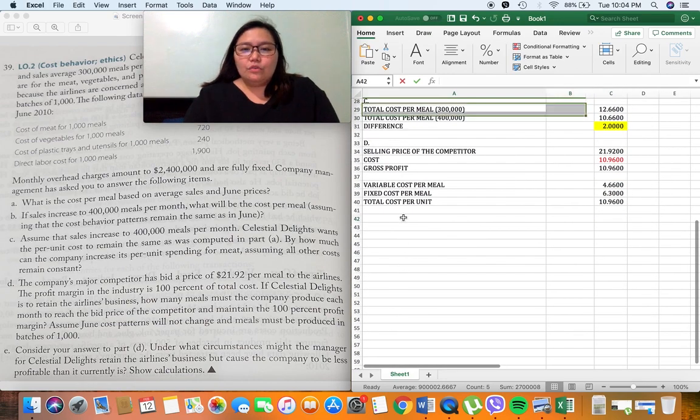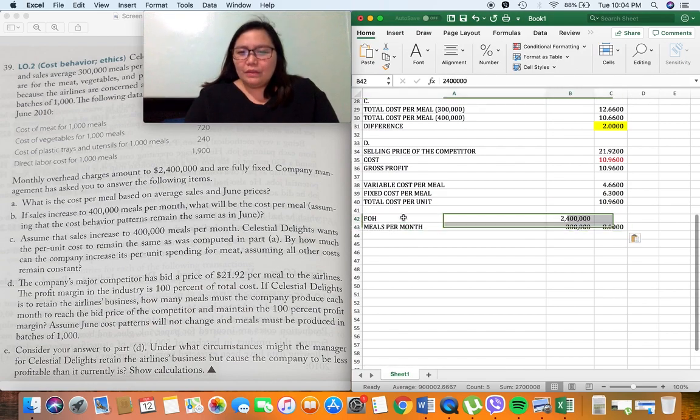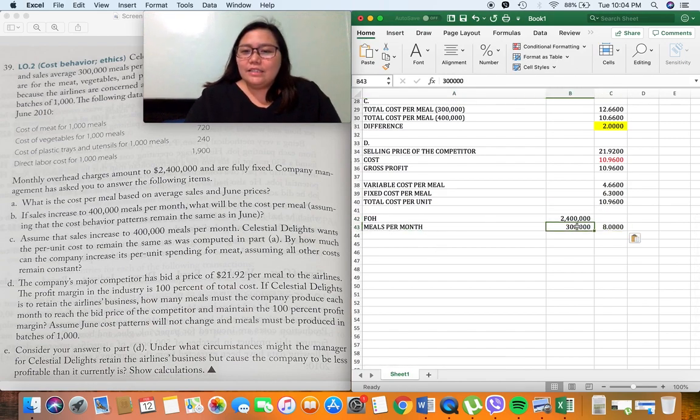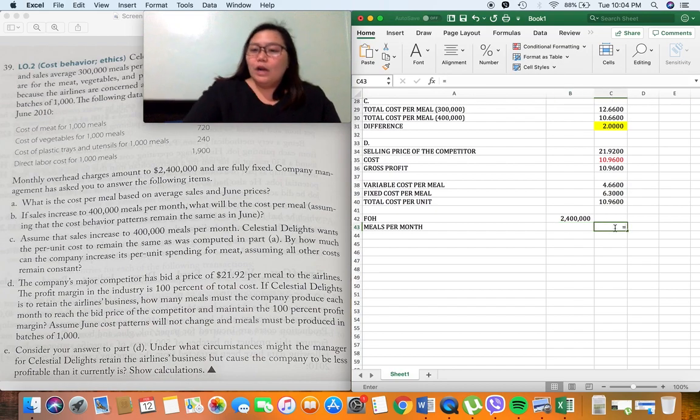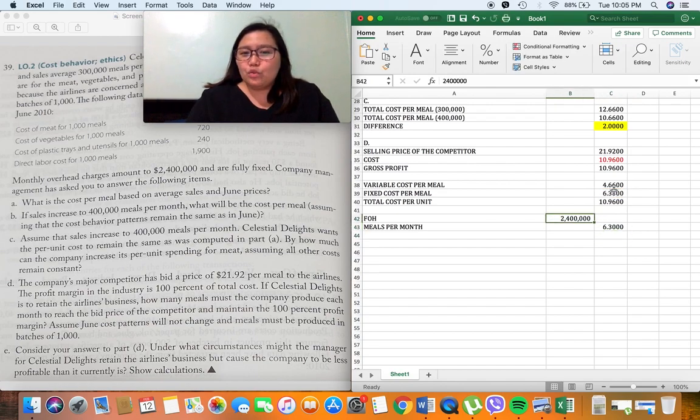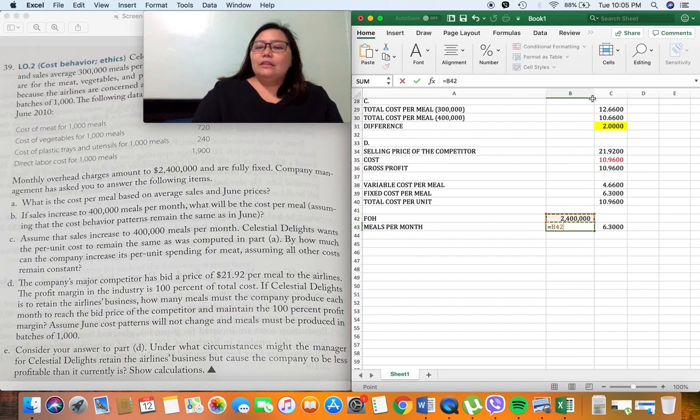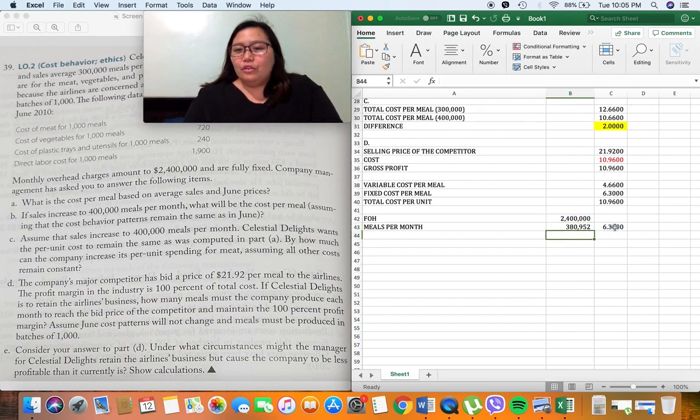So, let us copy this formula. This time, ito, yung meals per month ang missing, kasi yan nga yung hinahanap natin. This will be the final answer. So, if we want our fixed cost per meal to be at 6.3, tapos 2.4 million yung total fixed factory overhead natin, we simply divide 2.4 million by 6.3.